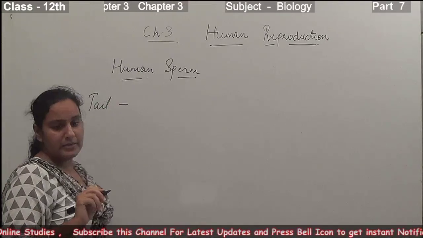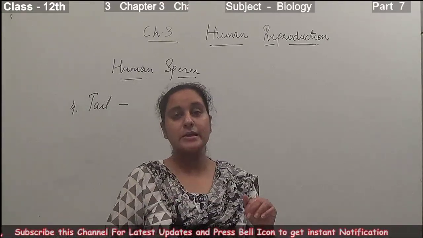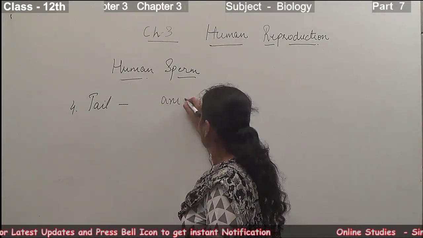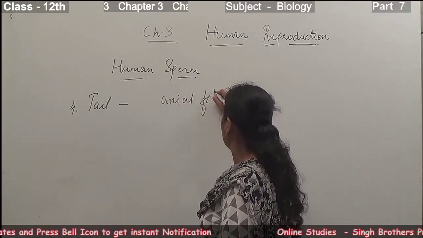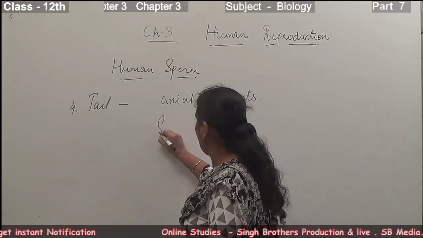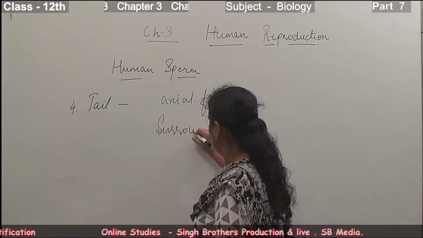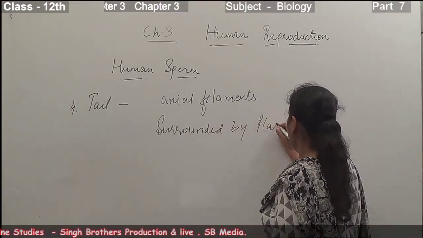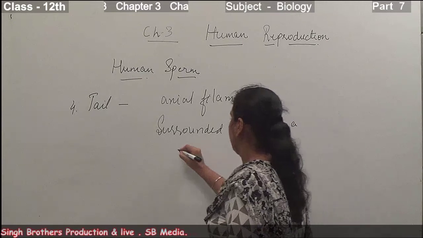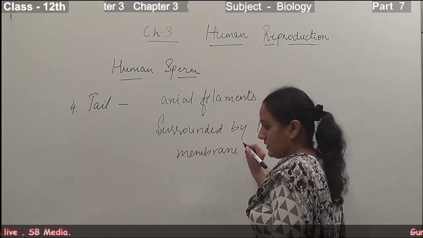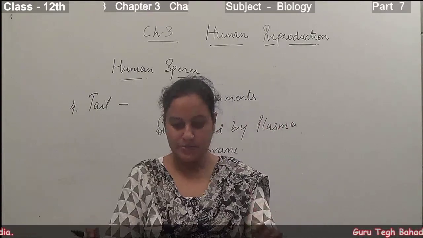The tail consists of axial filaments that are surrounded by plasma membrane.